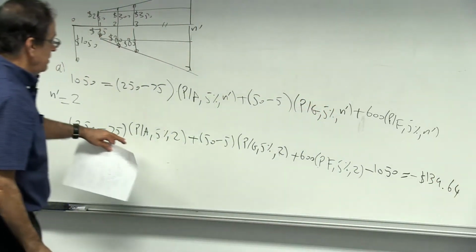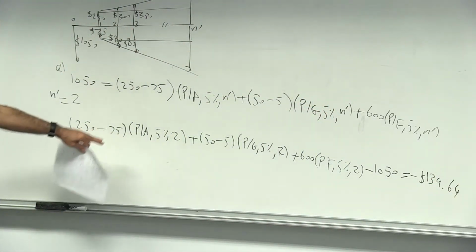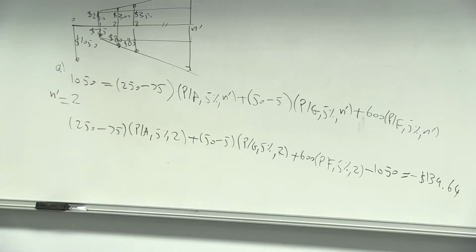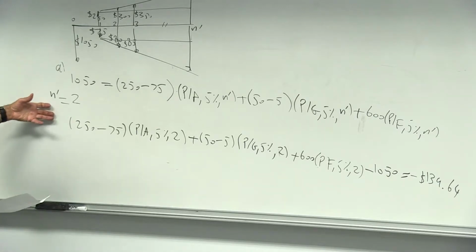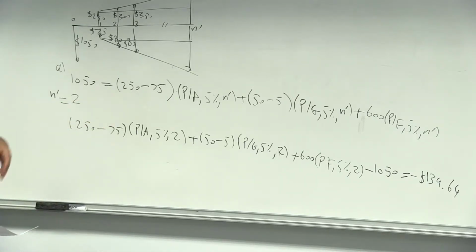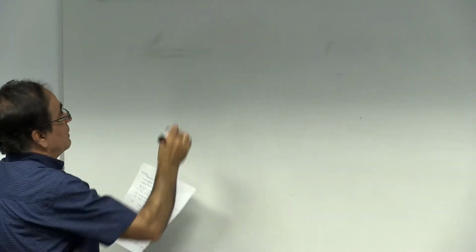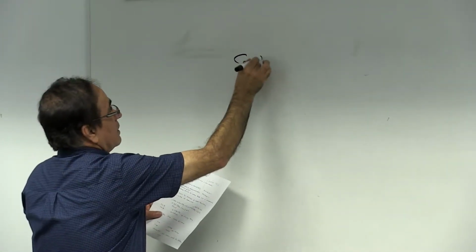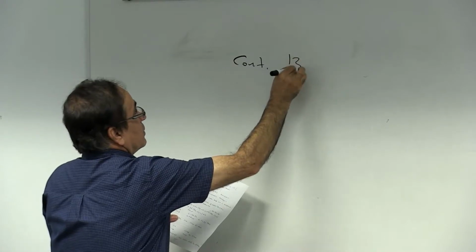So obviously, 2 years is not my answer because I didn't get this equation to go to 0. So what do I have to do? I have to go to the next guess. I have to try another n value with which I will get at least a positive number, then I can interpolate. We're going to continue with example 13.2.